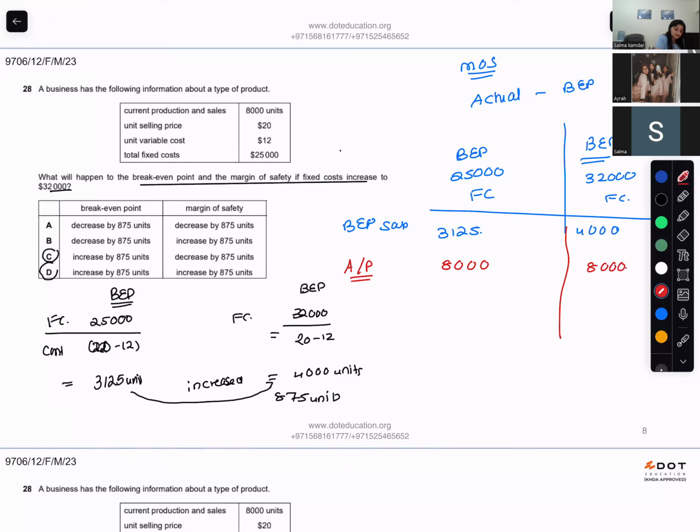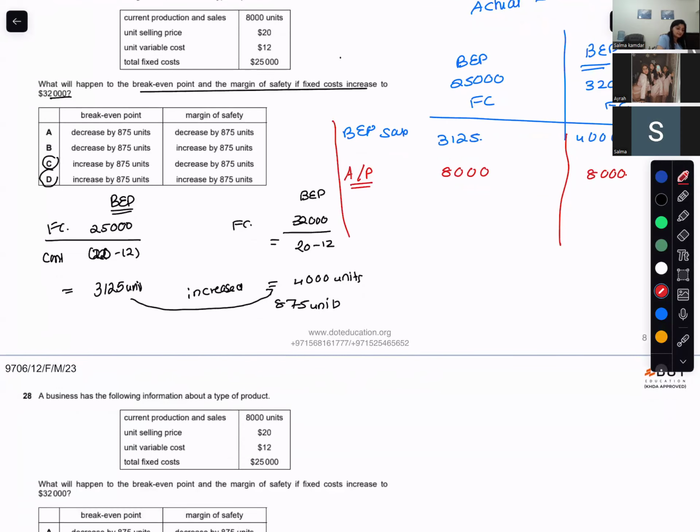So 8,000 minus 3,125 will become 4,875. And this will become 4,000. The margin of safety is reducing by 875.